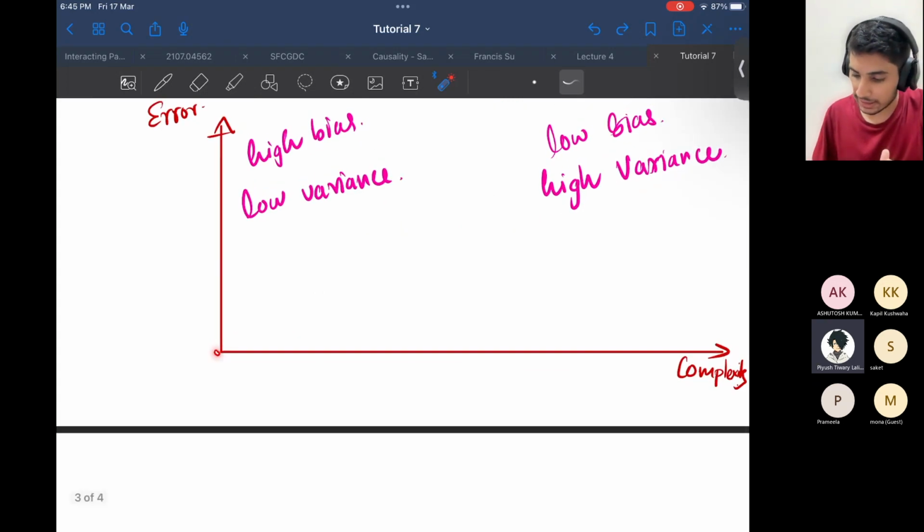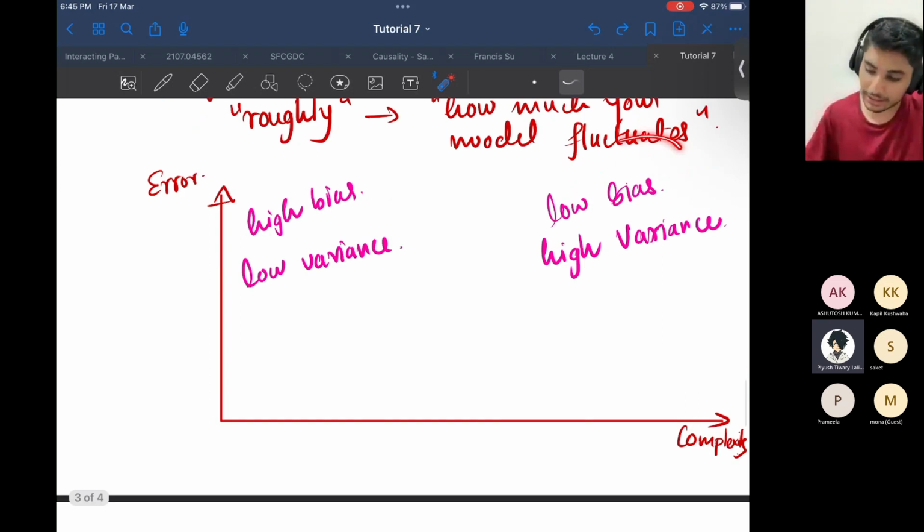Maybe if I change this x-axis to something else, because we are using complexity as this axis, it is coming out naturally that the low bias region also corresponds to high variance regions, and high bias regions correspond to low variance regions. But bias and variance as such are not related to each other.